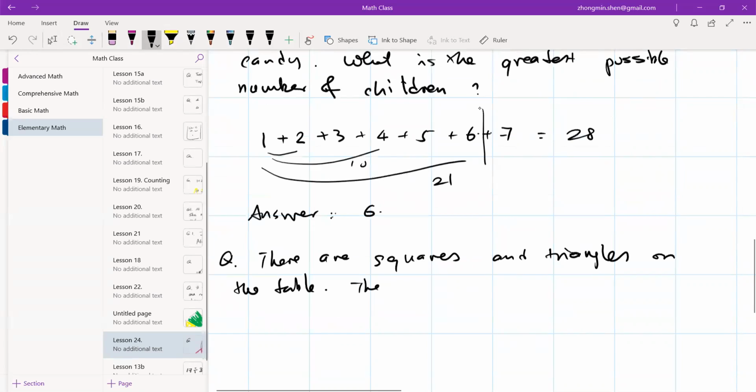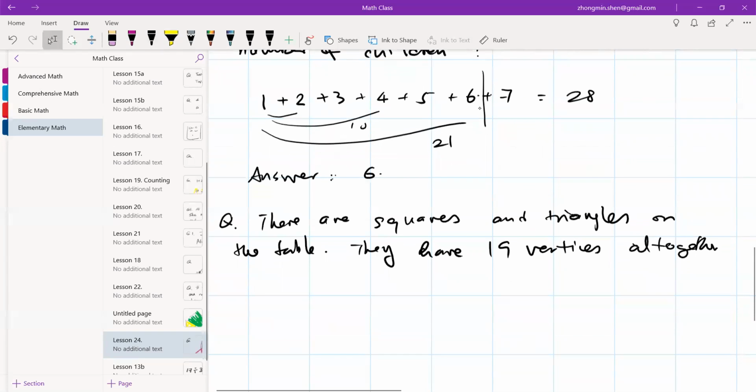I tell you they have a total of 19 vertices all together. Okay, my question is how many triangles are on the table?